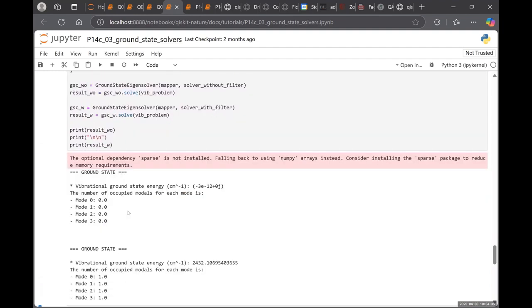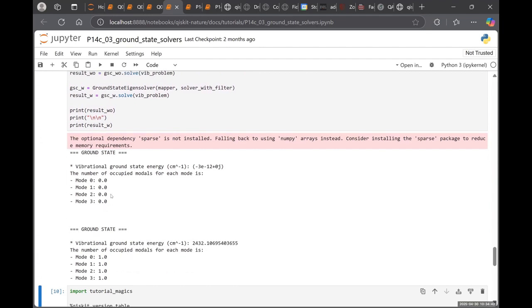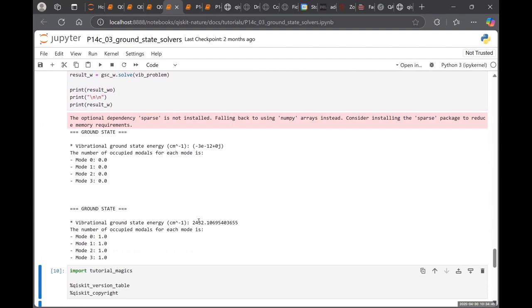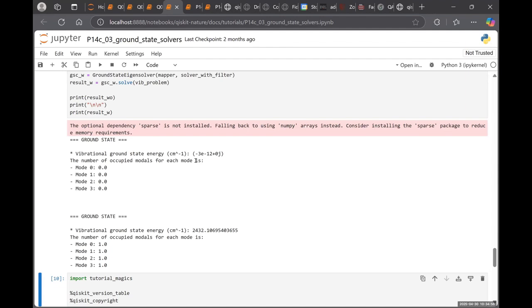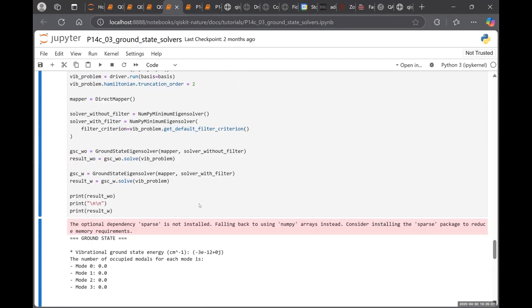Okay, so ground states. Oh, so this one is almost zero, right? The vibrational energy. And this one with the filter is like 2,400 cm inverse.